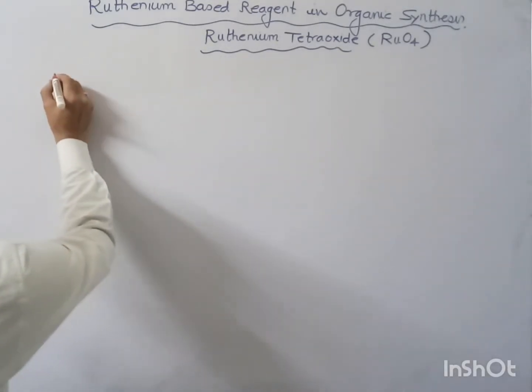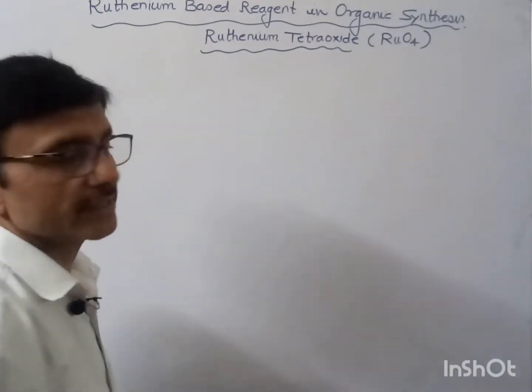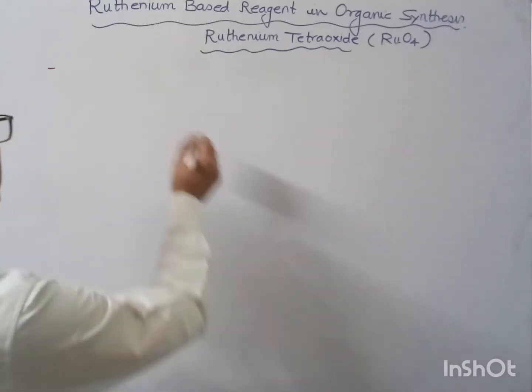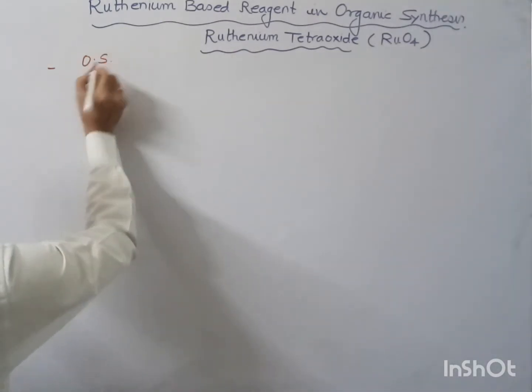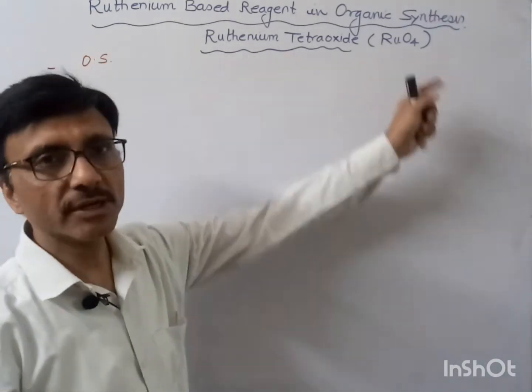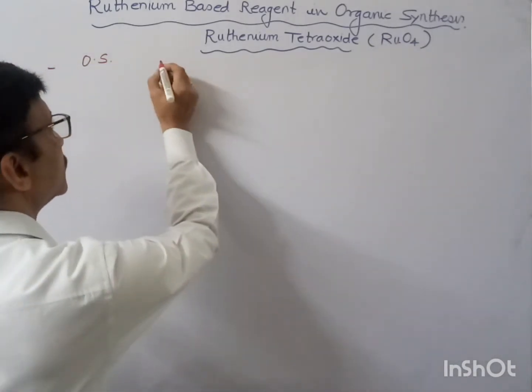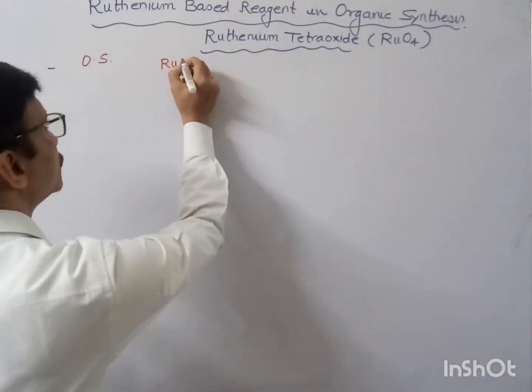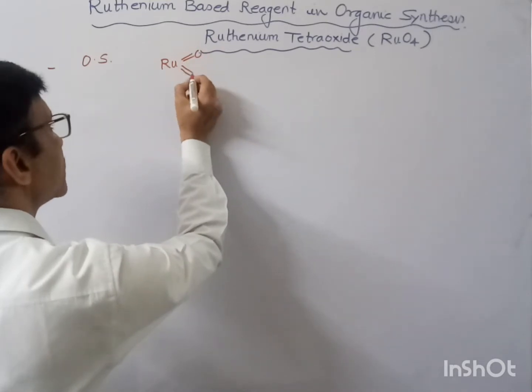So ruthenium tetraoxide is used as an oxidizing agent, and in ruthenium tetraoxide, the oxidation state of ruthenium is +8.